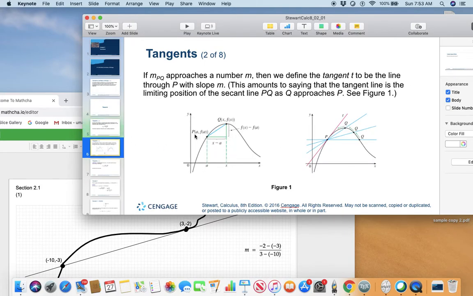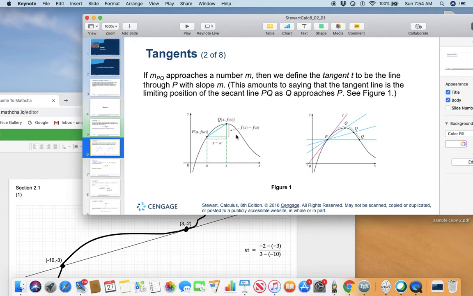That's your point P(a, f(a)). I want to find the slope of the tangent to the curve at this point. So the tangent line is this. Now the slope of a line, you know, requires 2 points. Well, I'm given only 1 point here, so I don't know what other point there is.